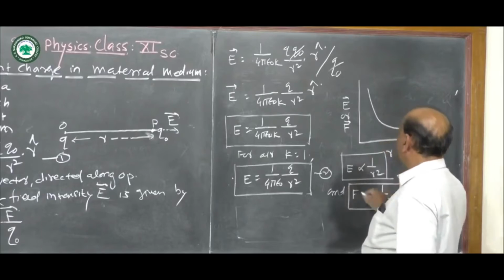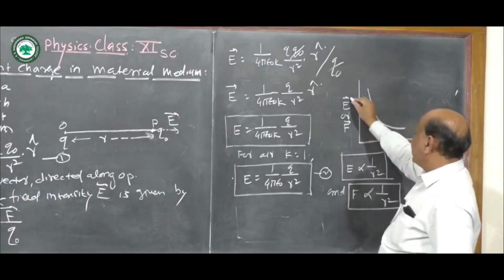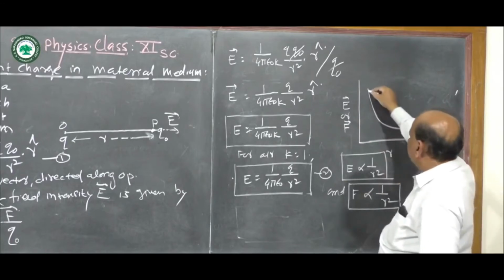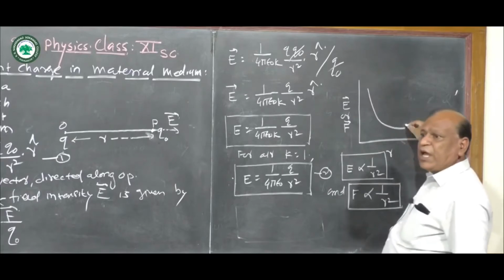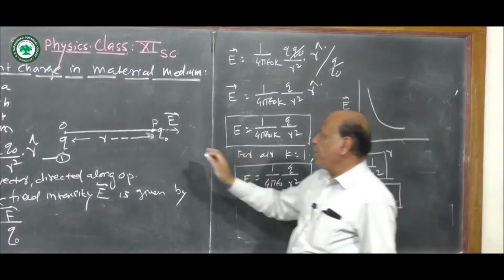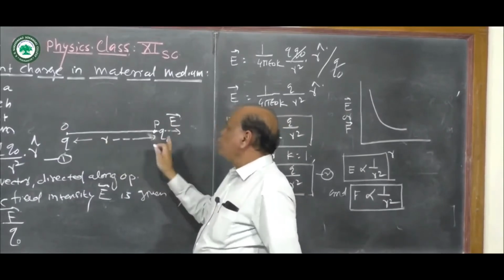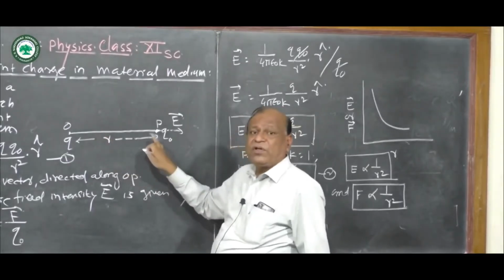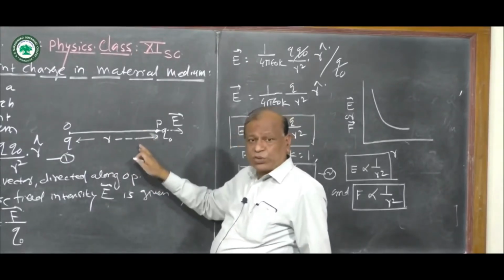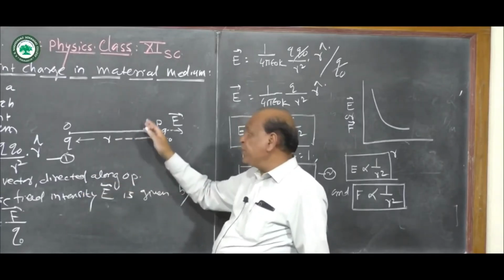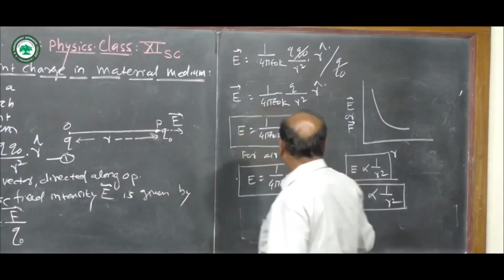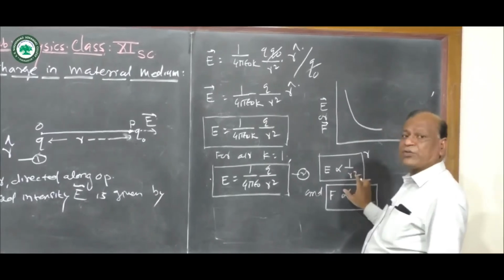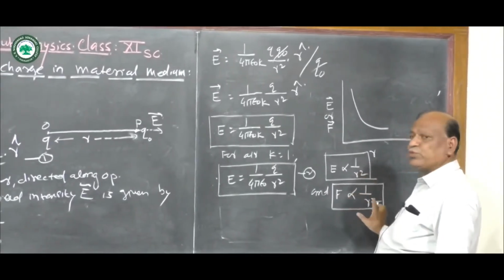Now combining these two, plotting the graph of E or F against distance R, its value decreases. It means as the distance between these two charges increases, the value of the Coulomb's force and electric field intensity decreases, and therefore the relation is E is inversely proportional to R square and F is inversely proportional to R square.